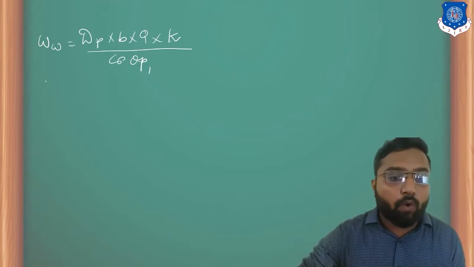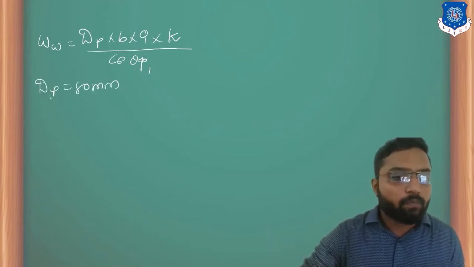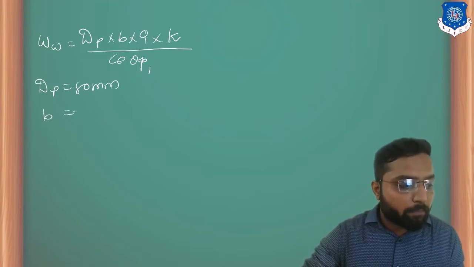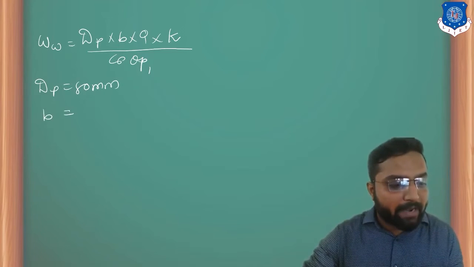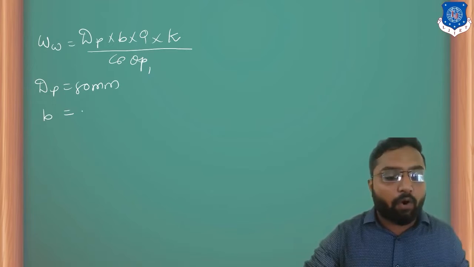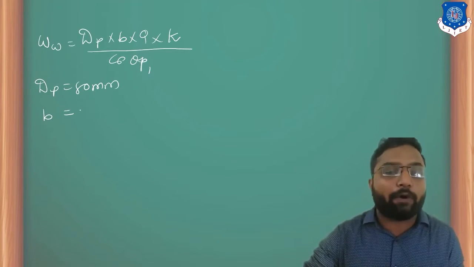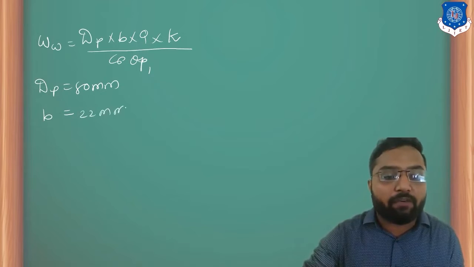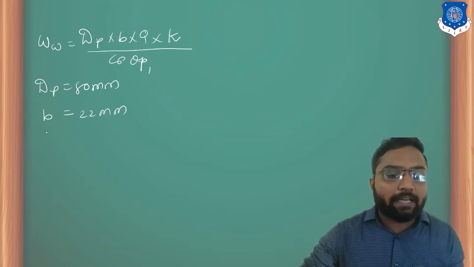So now, what is dp? dp is 80 mm. What is b? b we found depending on our module, which is 5, so 1.2 into 12 into module, so 22 mm, which we have found. What is Q?